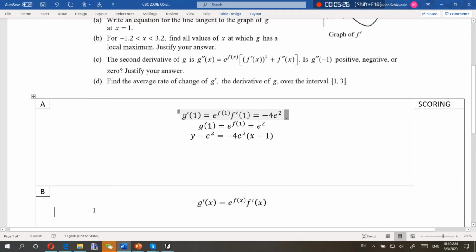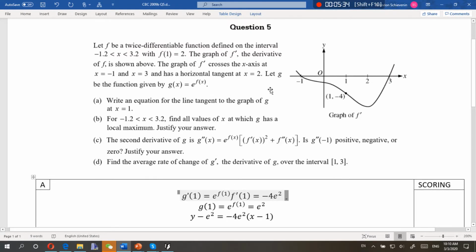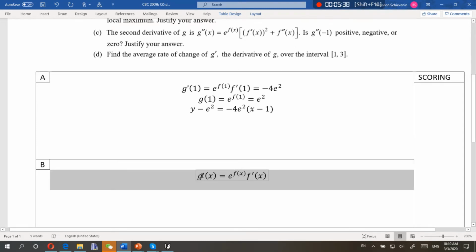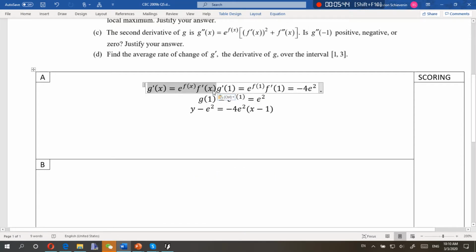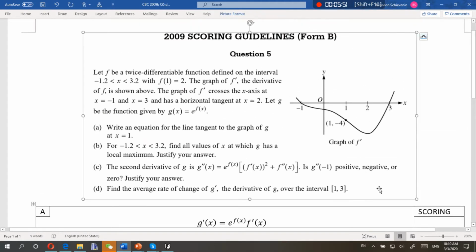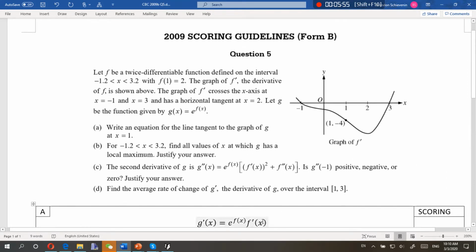So taking a look at this, I want to know whenever g prime x will be equal to 0. If g prime x is this, when would g prime x be equal to 0?